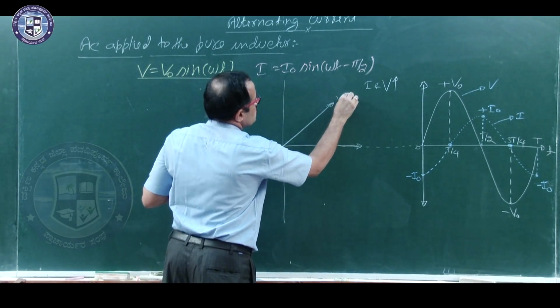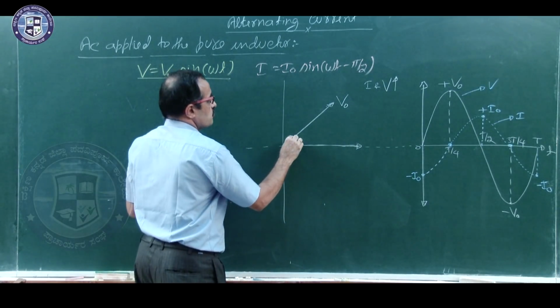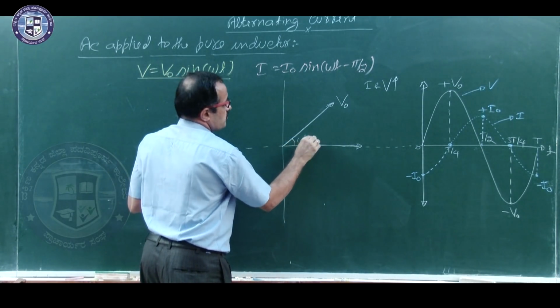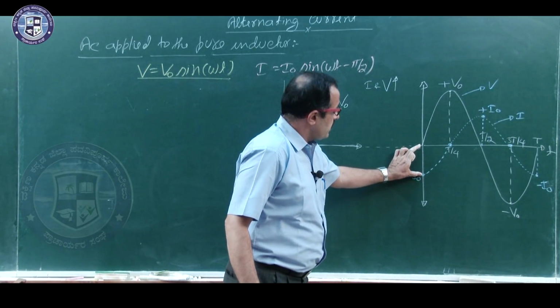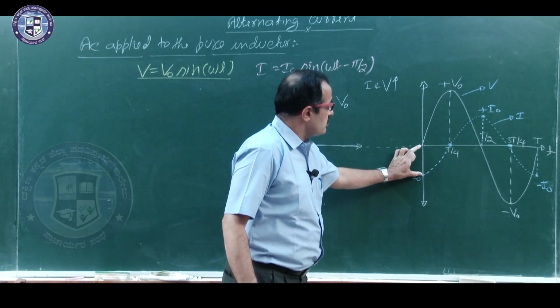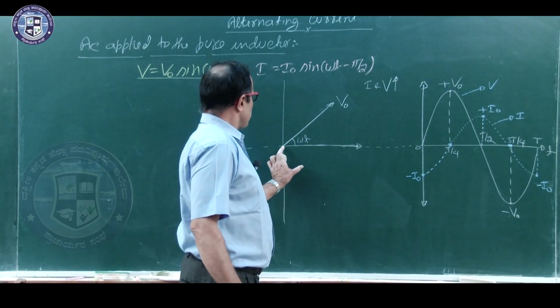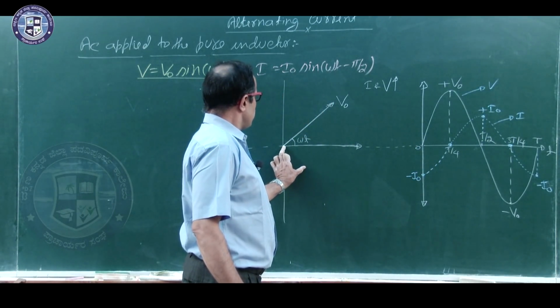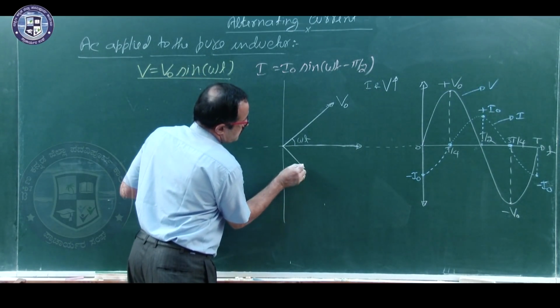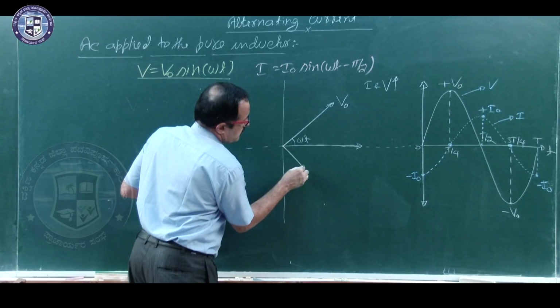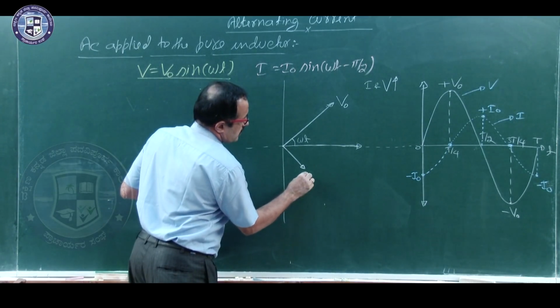V naught. It is omega t, and this is representing current, but current is 90 degrees behind, therefore, it comes here 90 degrees. I naught.